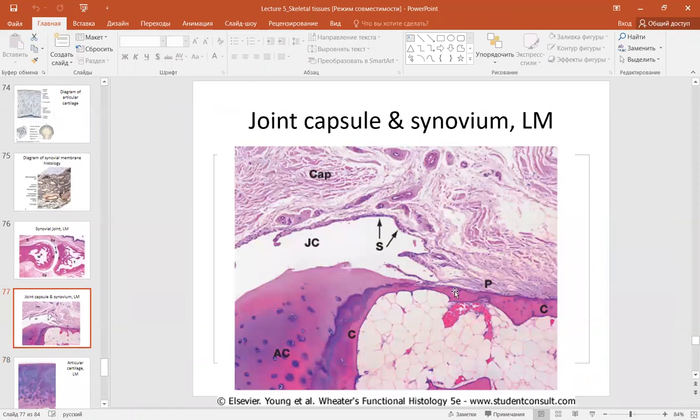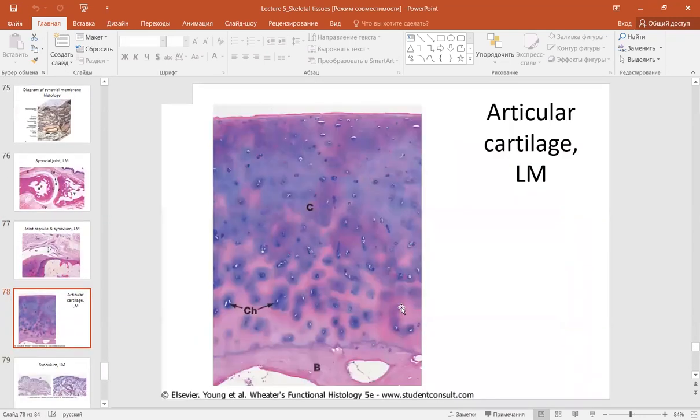Here you have the joint capsule and synovium: joint capsule, synovial membrane, synovial fluid, articular cartilage, and adipose tissue close to the spongy bone where the bone marrow was primarily existing.